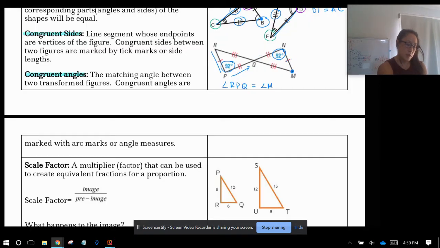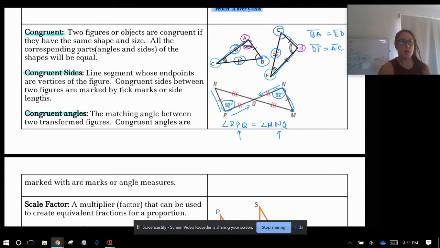We have to keep it, yeah, N, M, and Q. So the angle, the letter in the middle is really the angle that we are measuring. It just tells us which direction we're counting the angle.